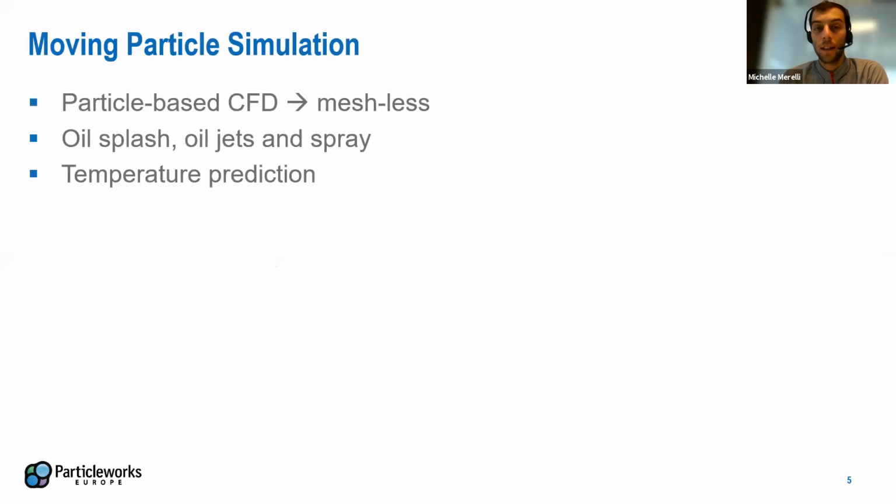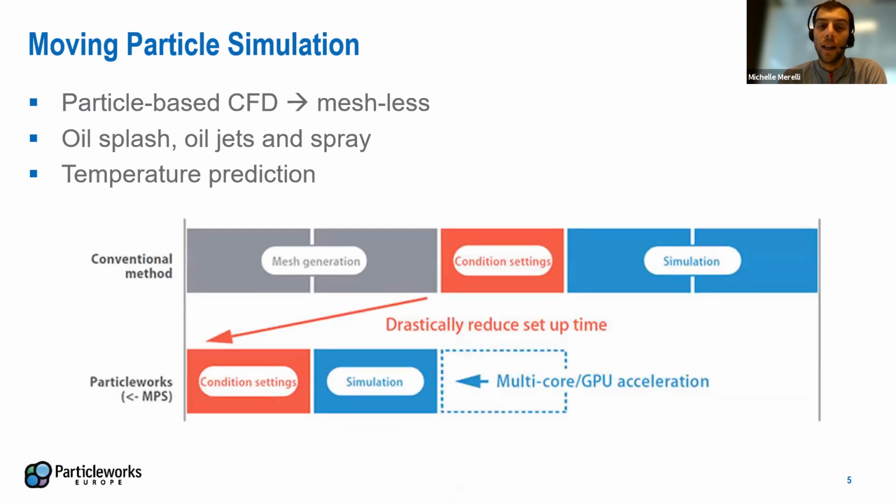Let's see what this methodology is, and let's have a clearer view of some details of the moving particle simulation methodology. As I mentioned, it is a meshless approach. This means that compared to the conventional method, we don't need to prepare and clean the geometry, and to mesh the fluid volume before starting the simulation, but we can start directly with the condition settings of our CFD simulation.